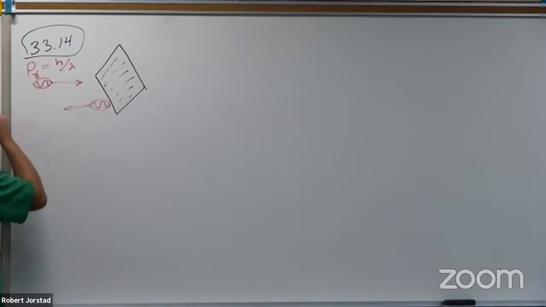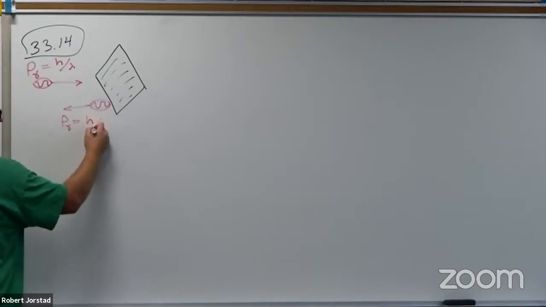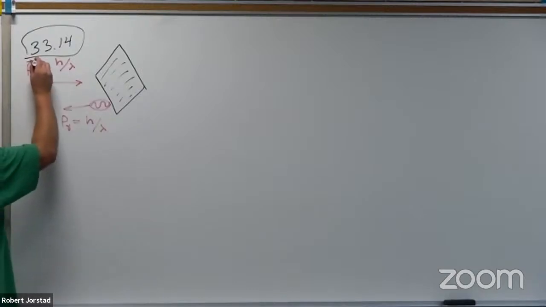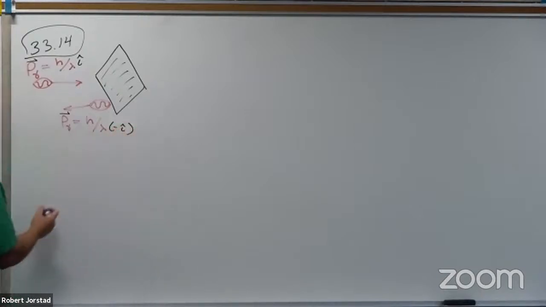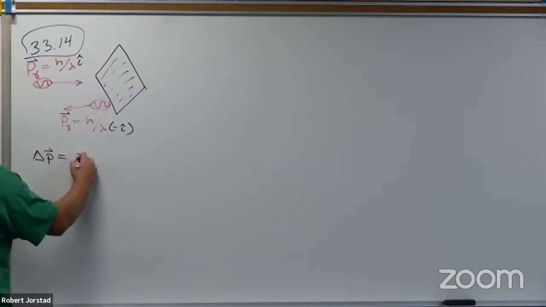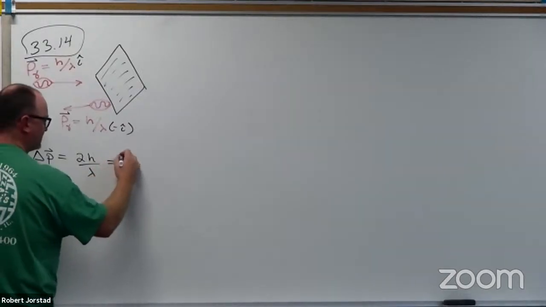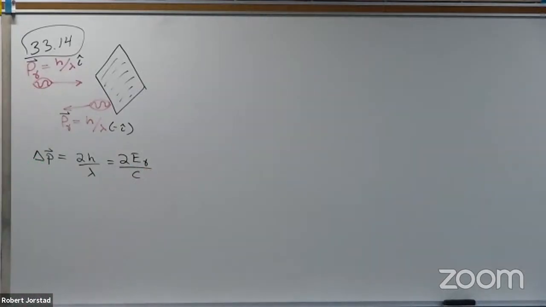If we assume it comes off with the same wavelength, the momentum leaving is also h over the wavelength. But if we think of these as vectors, this first one was going in the i hat, this second one is going in the negative i hat. The change in momentum is 2h over lambda, or you could say it's 2 times the energy of the photon divided by c. So that's the origin of the force. There's a change in momentum.